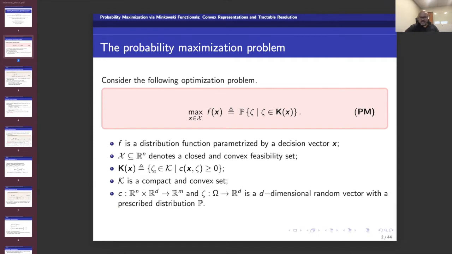And K script is a compact and convex set. I'm going to assume that c goes from R^n times R^d to R^m, so it's an m-valued function, and zeta is a d-dimensional random vector with a prescribed distribution P. Okay, so that's the problem of interest.